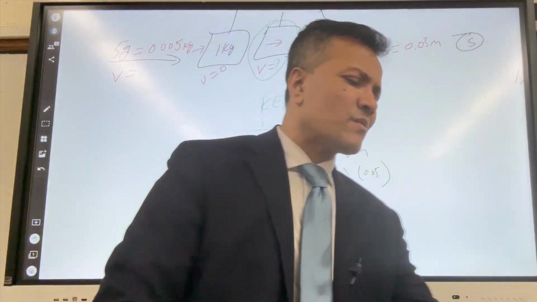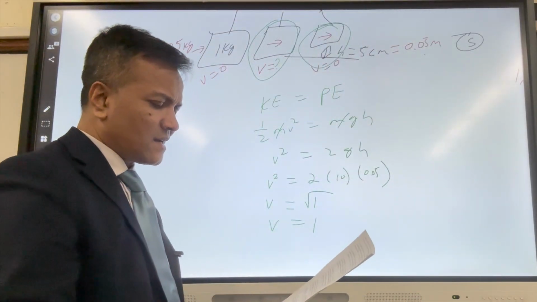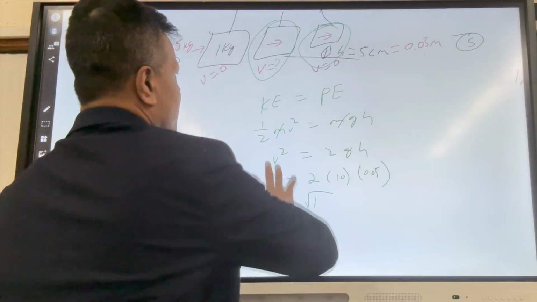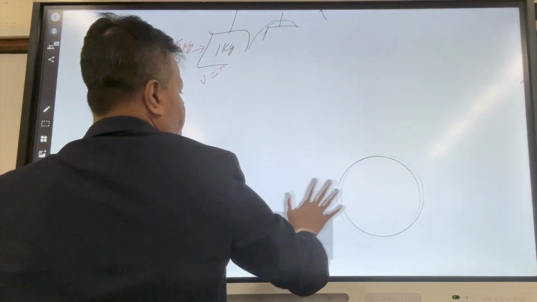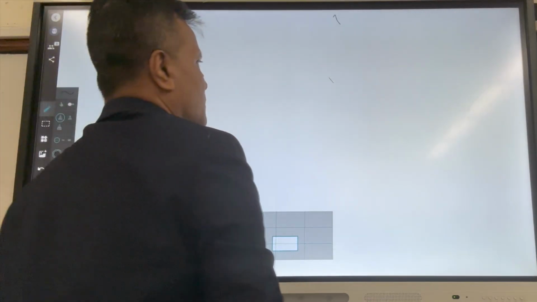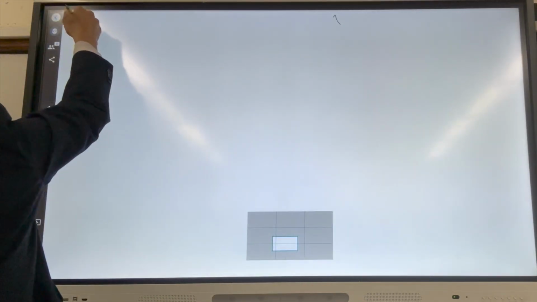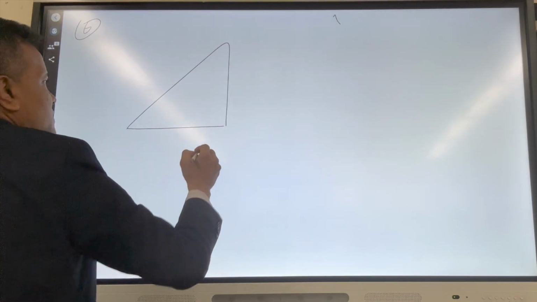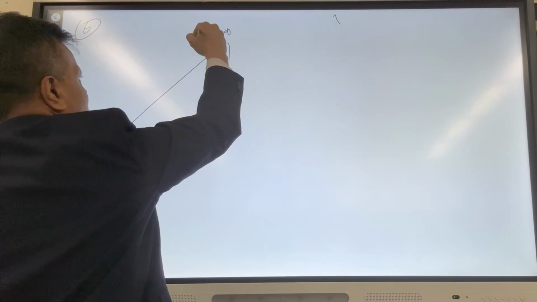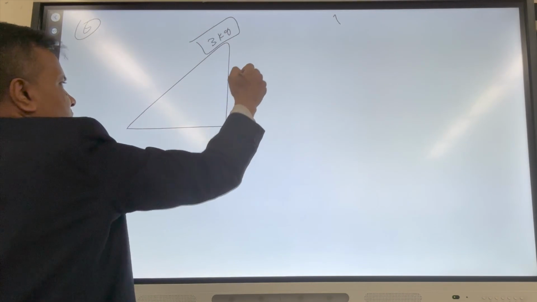Now, the next problem we're going to do is, let's say, 3, 4, 5, number 6. Number 6, a 3, 4, 5 triangle. You have a 3 kilogram object moving down a ramp of 5 meter on a 3 meter tall building.